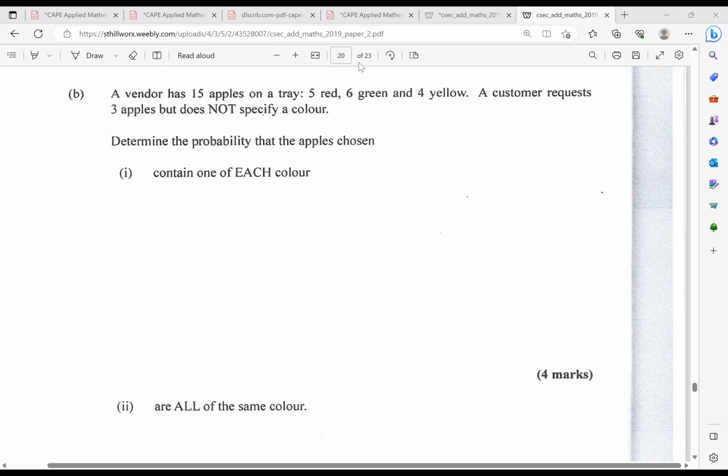No, without replacement. So it's a vendor, right? A vendor just has 15 apples on the tree. He doesn't replace it.